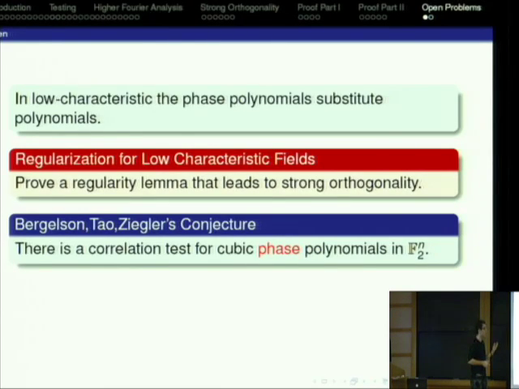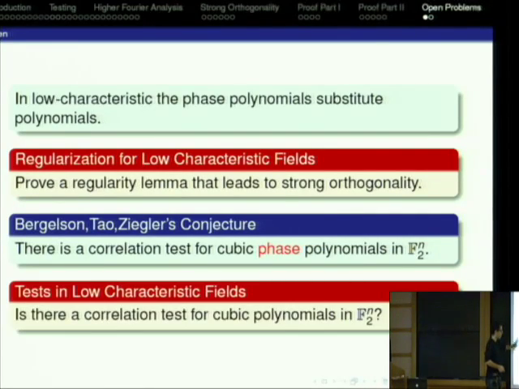It says that if the U4 norm is large, then your function correlates with a cubic phase polynomial. So that gives a test for this, similar to the way that we had tests for polynomials here.